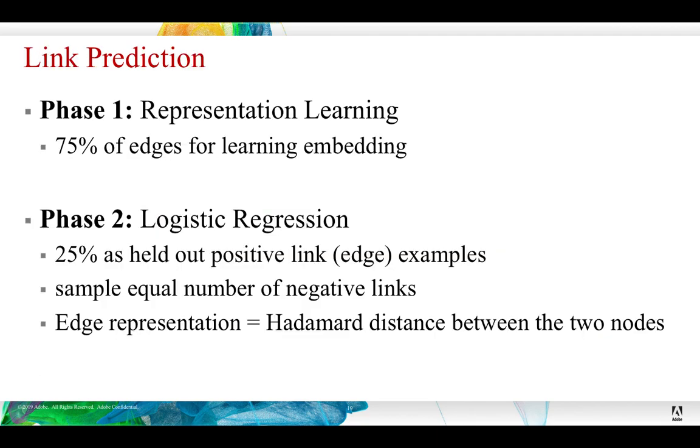The first task that we set up is a link prediction task, where in phase 1 we use 75% of the edges for learning the embedding, and in phase 2 we use the 25% held out links as positive examples, and then we sample an equal number of negative edges from the graph. Here the edge representation is arrived at by using the Hadamard distance between the two nodes.